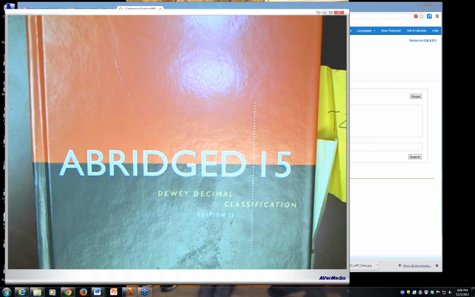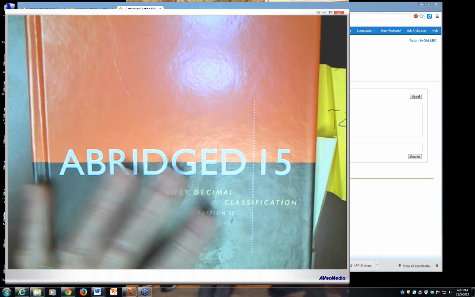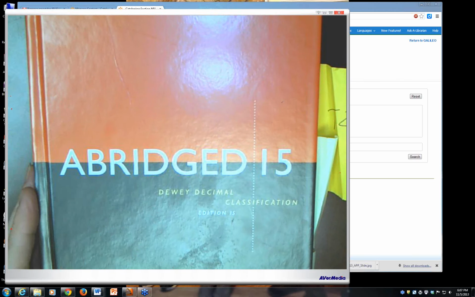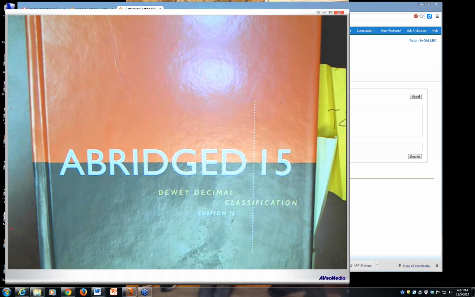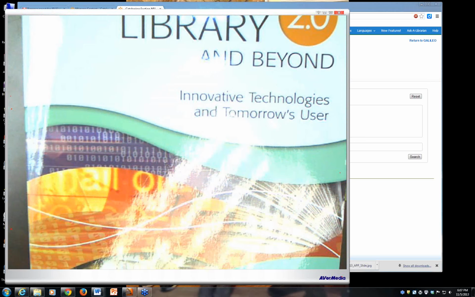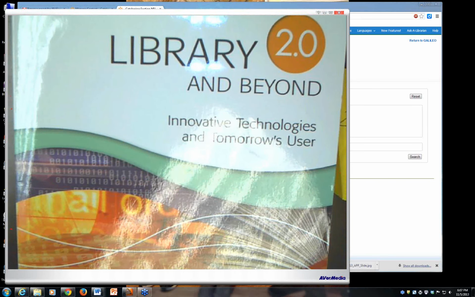But this is open book, so you'll be able to use your Abridged 15. You'll be able to use all of your class notes that you have. Anything that we've done in class, you will have access to. This is the text that you have in addition to your Abridged Dewey.